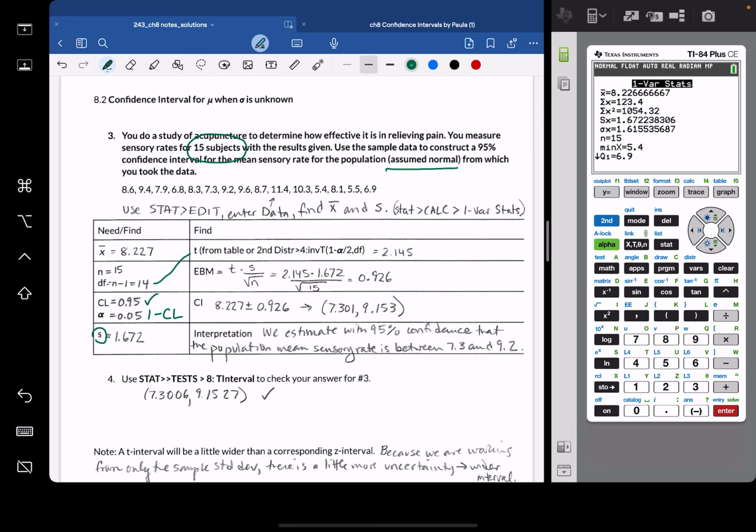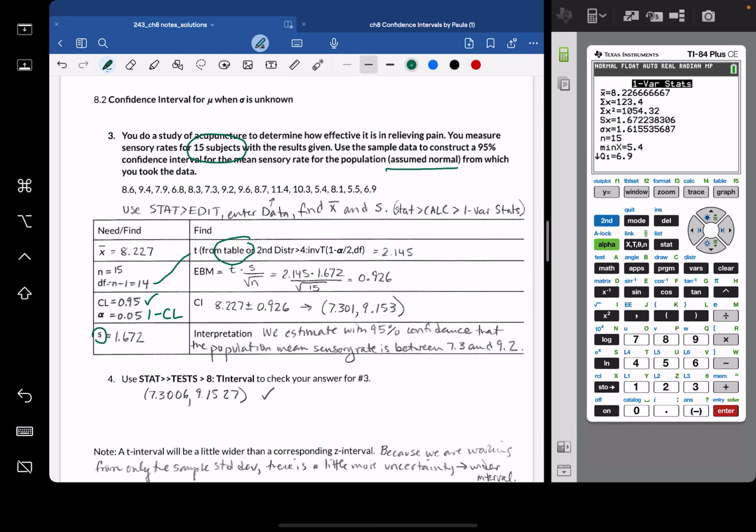Now I'm going to go and find t. So it's kind of like z, but I get it from a table. I'm going to show you the table method because some calculators have the t distribution and some do not.